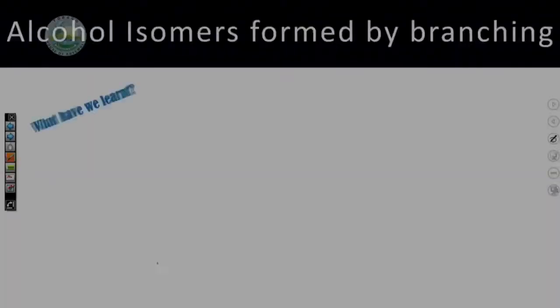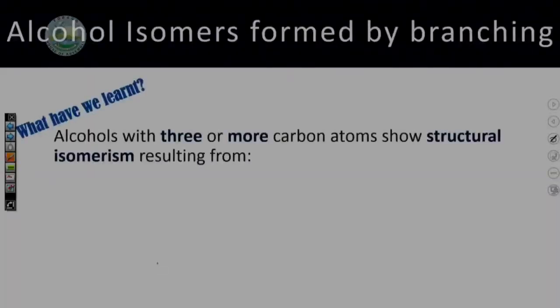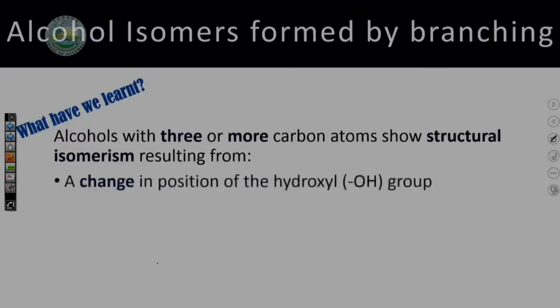So let's press ahead. What have we learned so far? We learned that alcohols with 3 or more carbon atoms show structural isomerism, resulting from a change in position of the hydroxyl group. As I said, that's the first step we're going to take, as well as branching of the molecule.